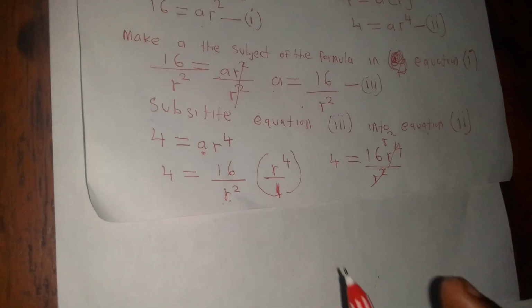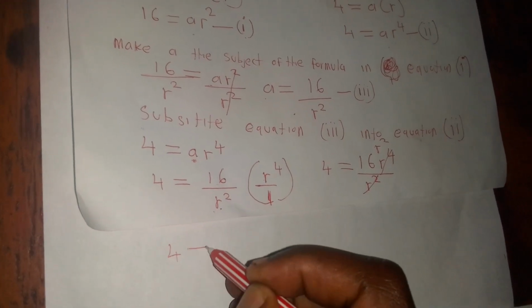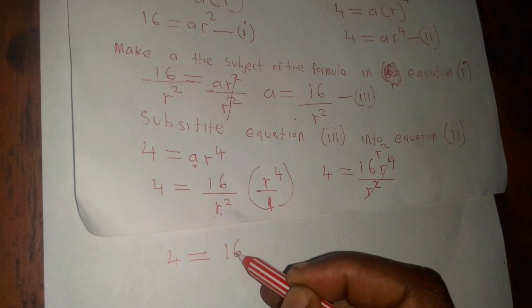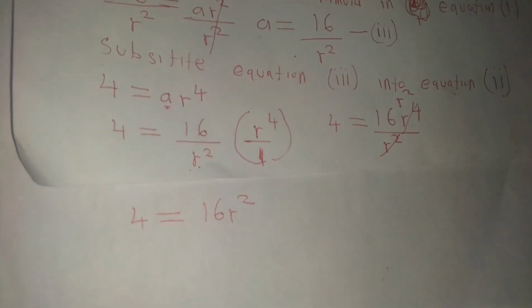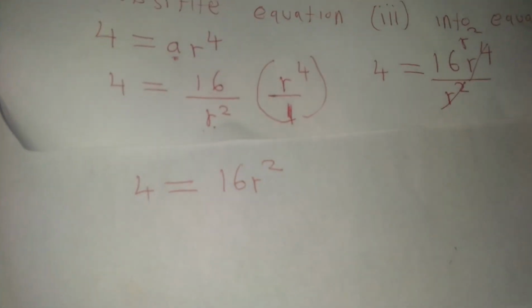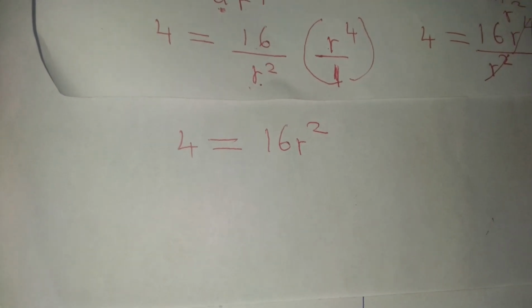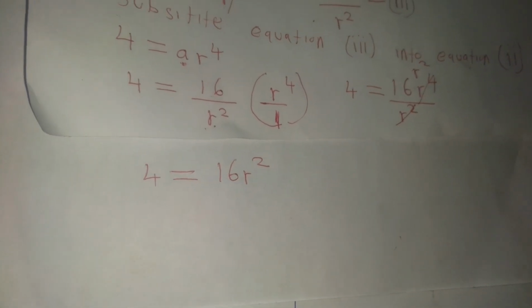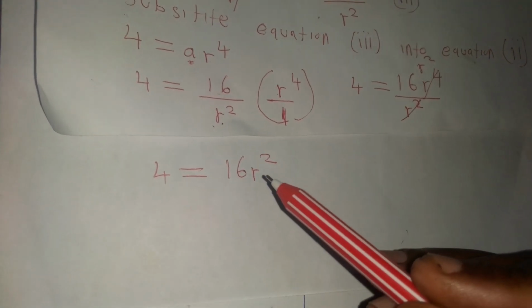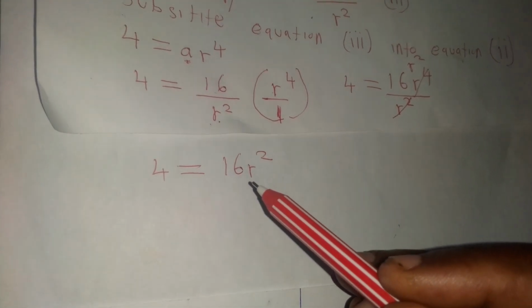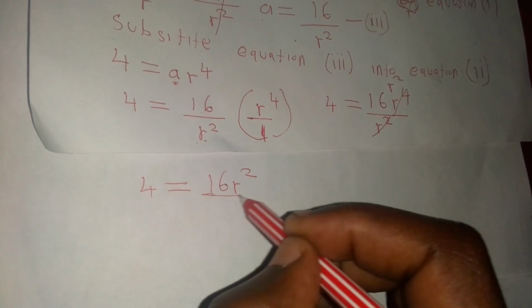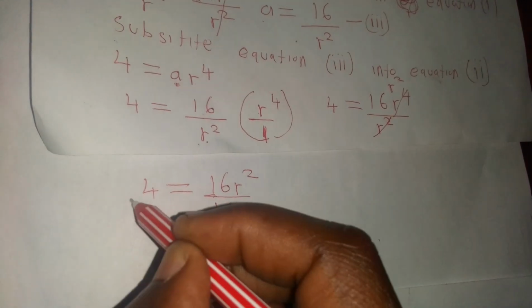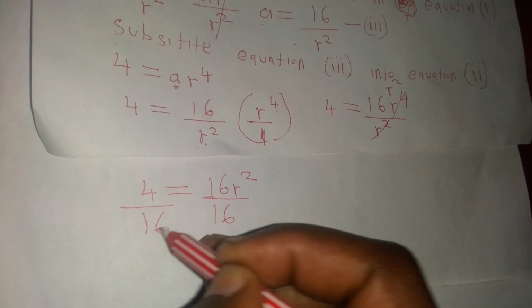So I'll take it this side, I'll have 4 equals 16 R power 2. This is where I am now. I've divided, I've remained with this. So to completely find the value of R squared, I'll just say here over 16 and this side over 16.